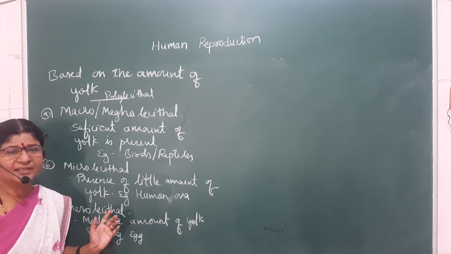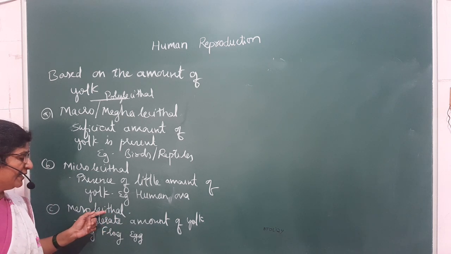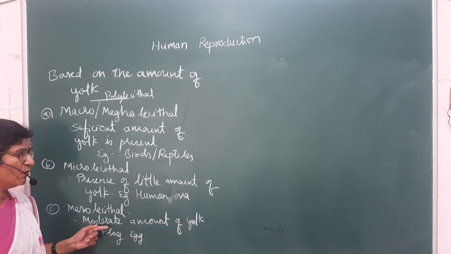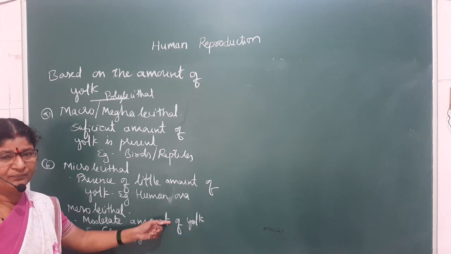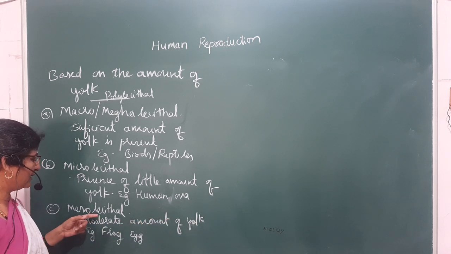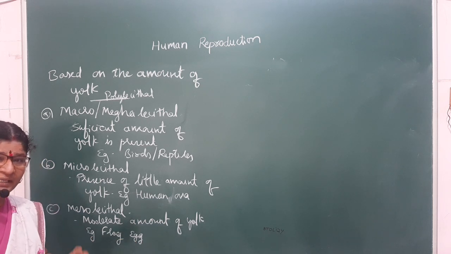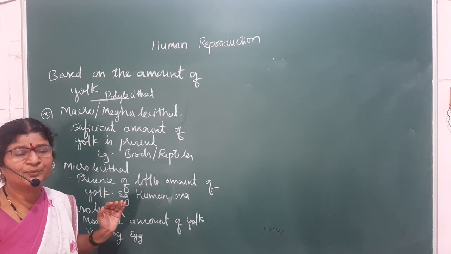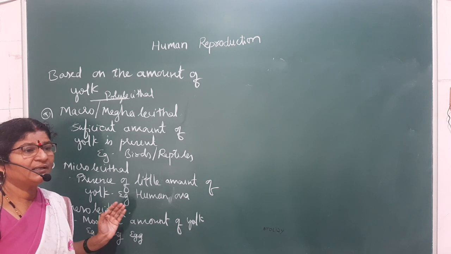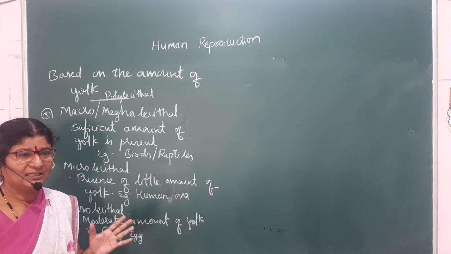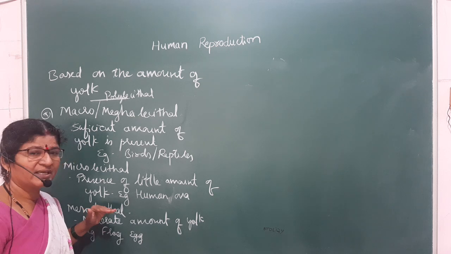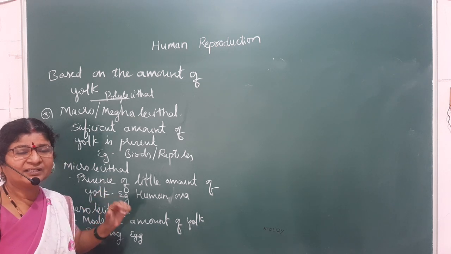And the third type is the mesolecithal. That is, the presence of a moderate amount of yolk is called mesolecithal. Example is frog egg. Here moderate amount of yolk is present. It will support the growth of the embryo but not to a larger extent. That is why in such cases the larva will get hatched out.